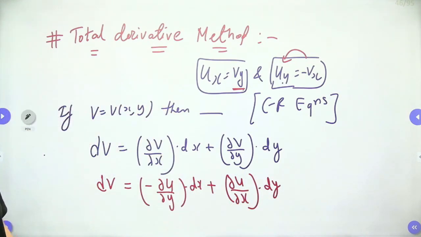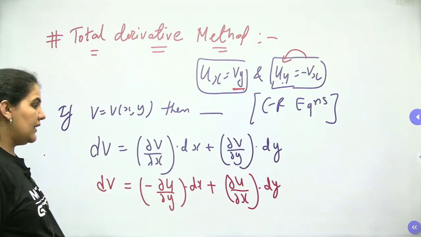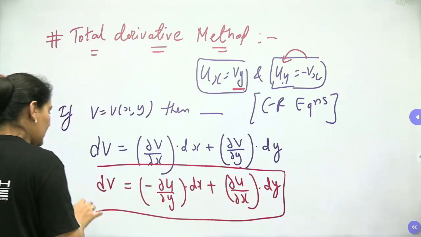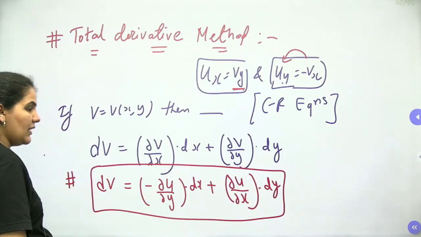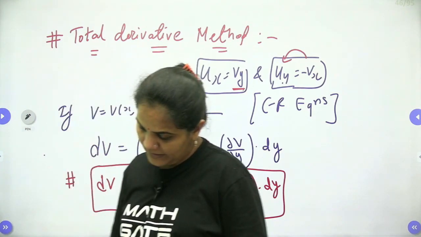Is it clear, guys? So it becomes dv = -∂u/∂y dx + ∂u/∂x dy. This is the form when we have to find dv, that is, when we have to find the other part.